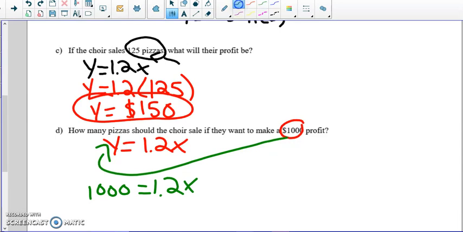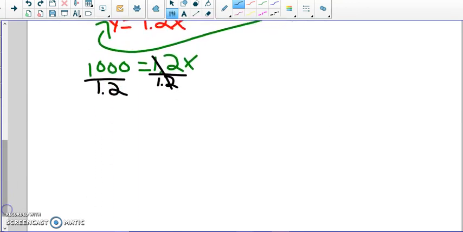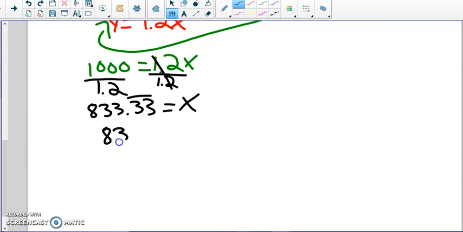In order to isolate the variable and solve for x, I have to divide. When I do 1,000 divided by 1.2, I get 833.33 repeating equals x. I can't sell a third of a pizza, so I need to round up. That means that they need to sell 834 pizzas.